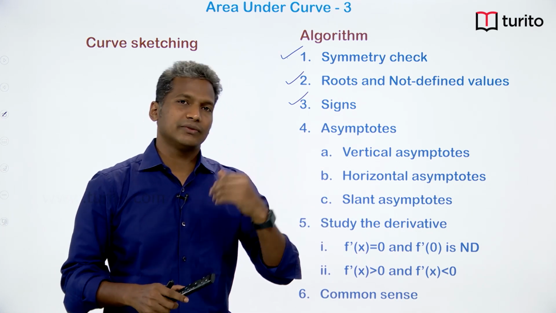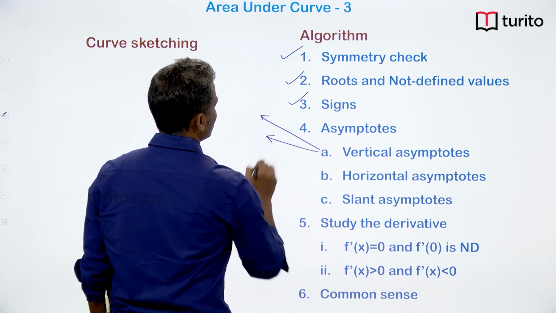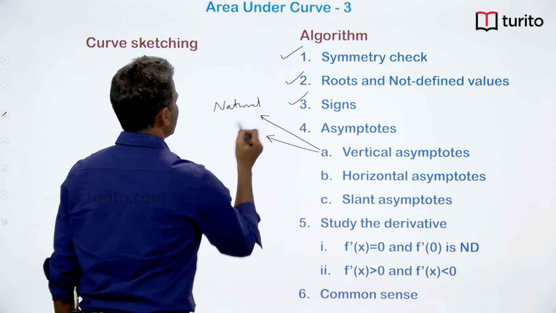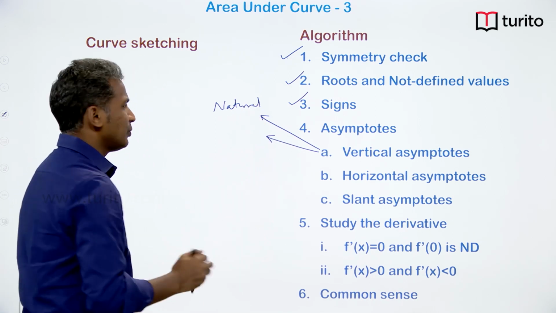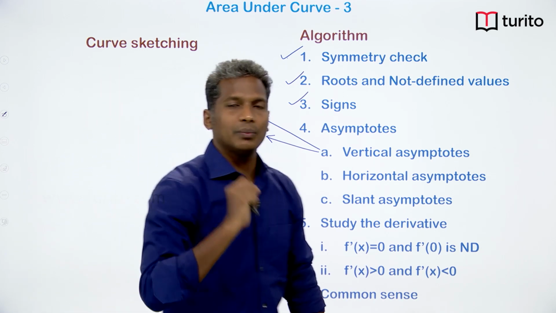There is also another way. So, vertical asymptotes can be split into two ideas. One is the natural asymptotes that we have just discussed. The other could be due to the existence of the 1 by 0 form.